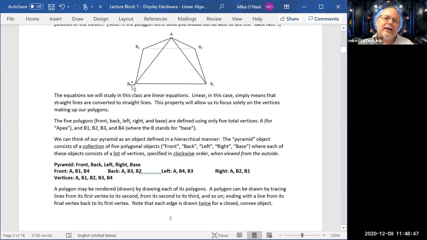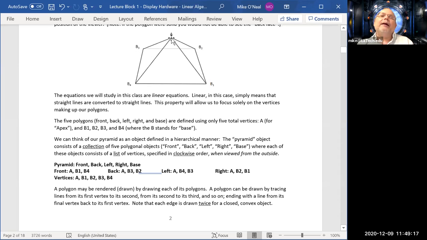Couldn't I go A, B4, B1 here, and next time go A, B1, B4? As long as I connect everything back together, I should get exactly the same shape, right? And that's true. You would get exactly the same front-facing triangle, whether you went A, B1, B4, A, or A, B4, B1, A. Either way, you're going to get the same thing.